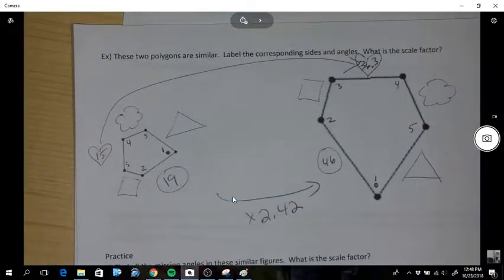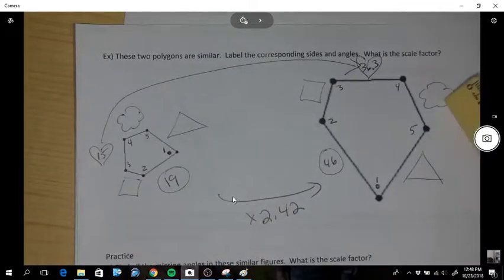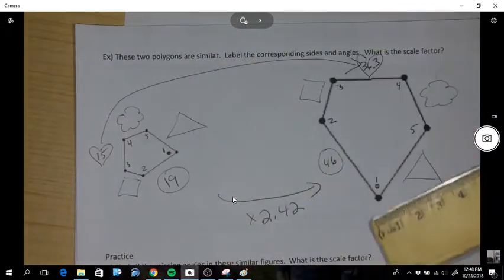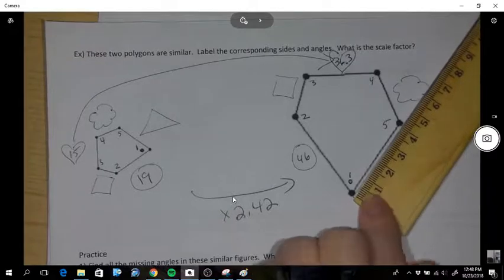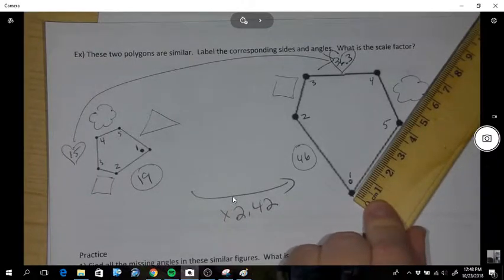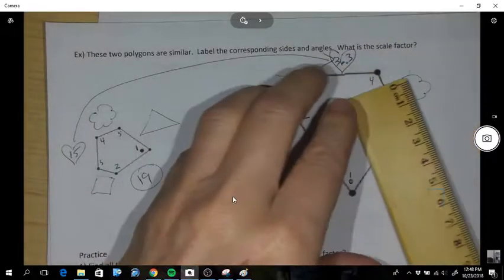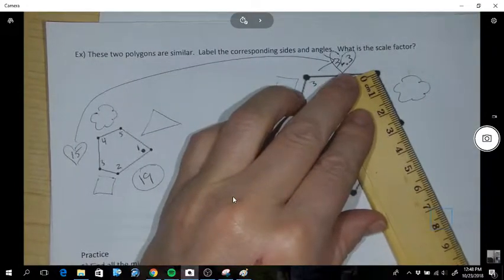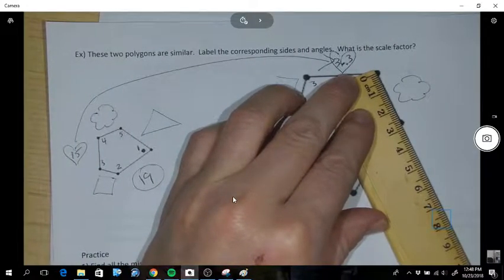Okay, what if I now measure one here and want to get there? So let's go 1 to 5. So actually, no, I'm going to do 4 to 5 here. 27.